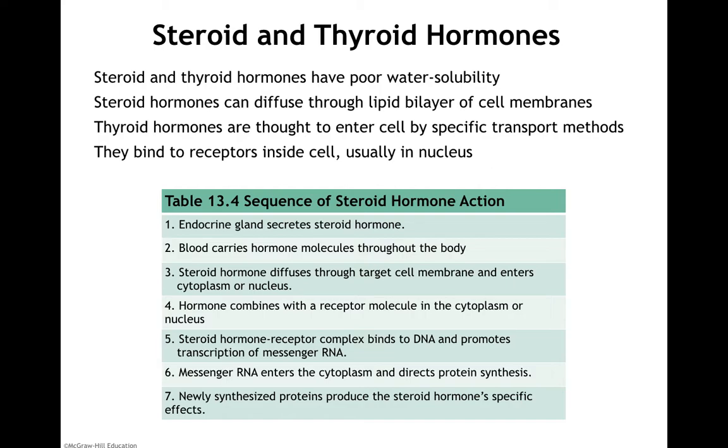The steroid hormone receptor complex becomes a DNA binding protein complex that promotes the turning on of messenger RNAs. Those messenger RNAs would then come into the cytoplasm where they would be built into the proteins that they are supposed to make, and those newly synthesized proteins would be what was causing the effect we wanted from a steroid hormone.